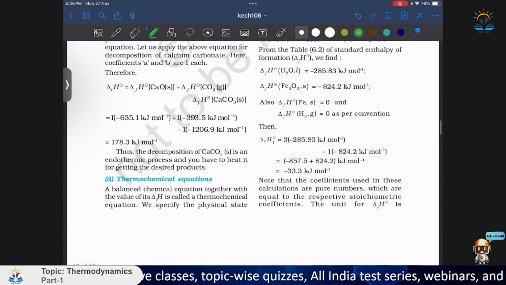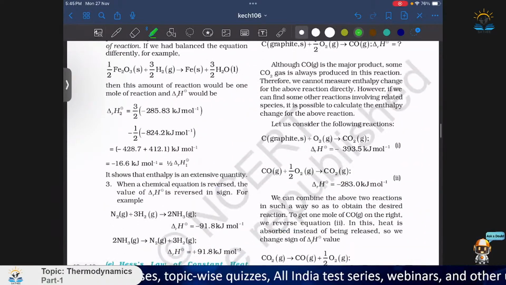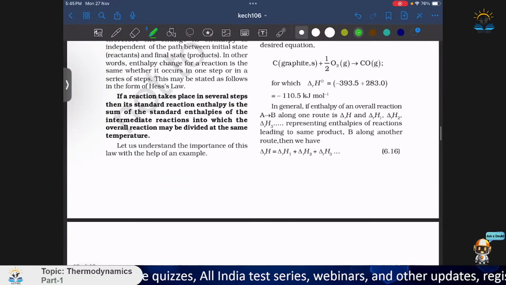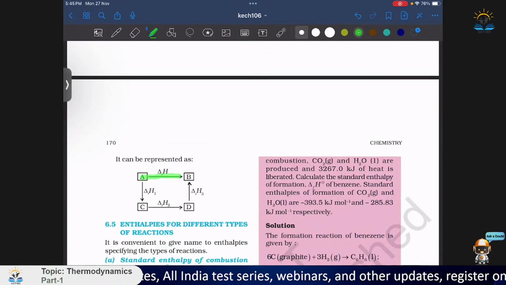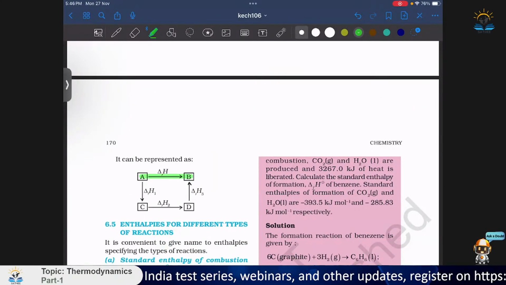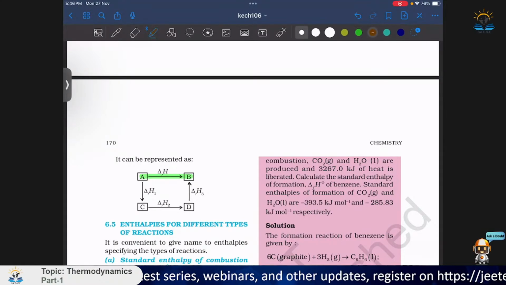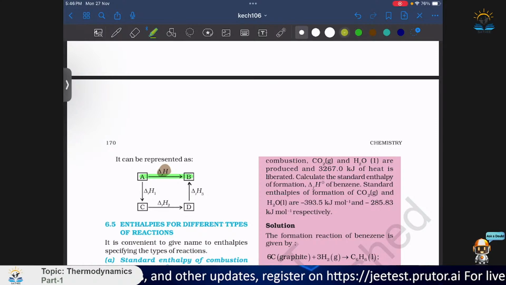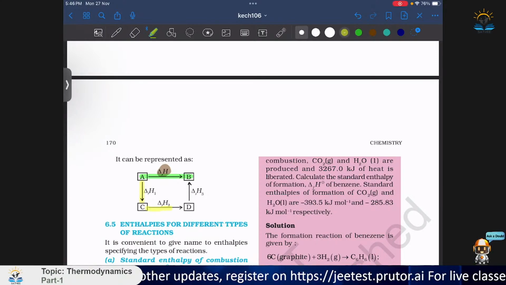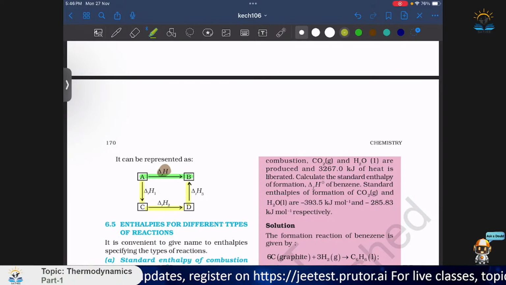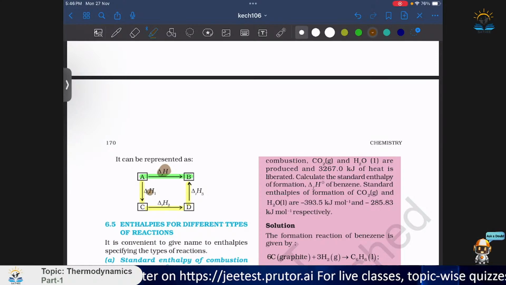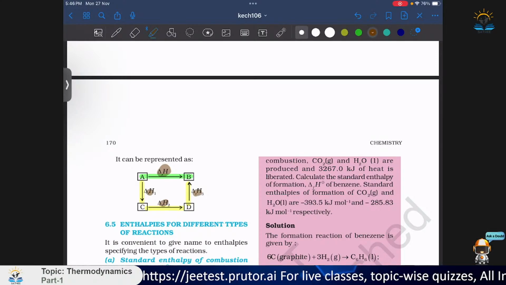Then we come to the thermodynamic equation and Hess law. What is Hess law? Hess law says that if you need to change a substance A into B and you have observed the enthalpy change delta H of reaction, then if you travel by an alternate path, A to C, C to D, D to B, you get delta H R1, delta H R2 and delta H R3.